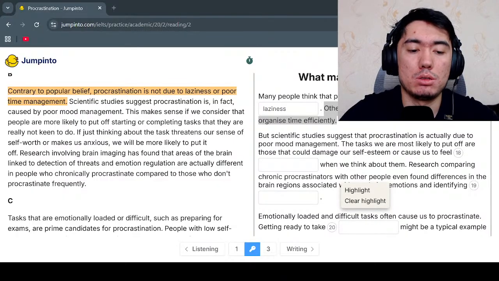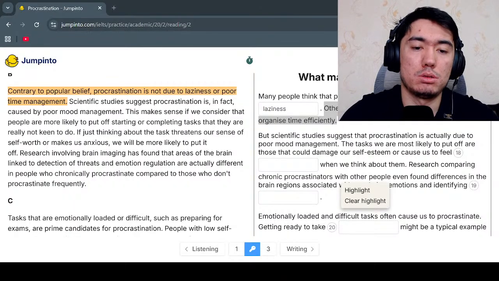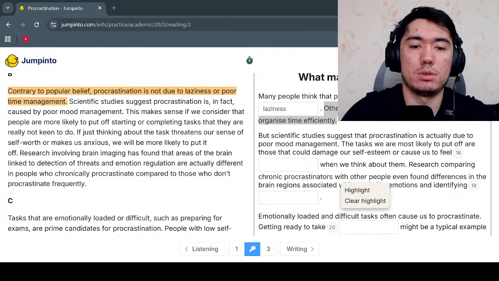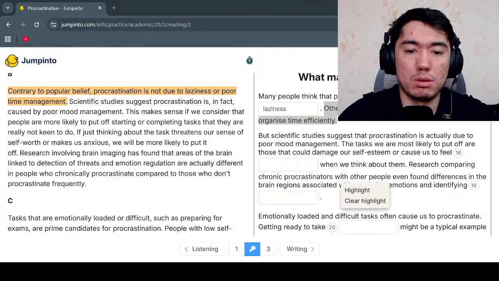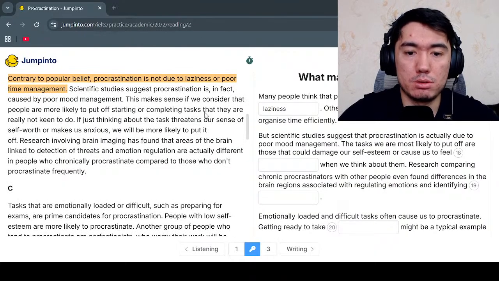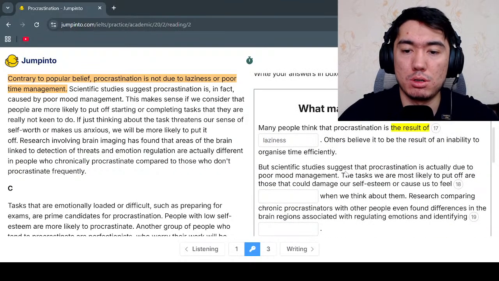It's taking me too long. Yeah, new one. So contrary to popular belief is a good one. Procrastination. Maybe people don't know the word procrastination either. Okay, I'll type that in just for good measure.